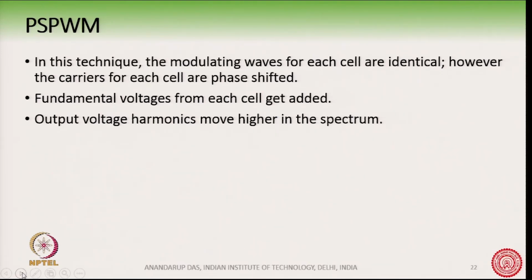Since the modulating waveform is same for all the cells, the magnitude of the fundamental voltage produced from each cell is also same, and they are getting added up because the cells are themselves connected in cascade, serially connected.